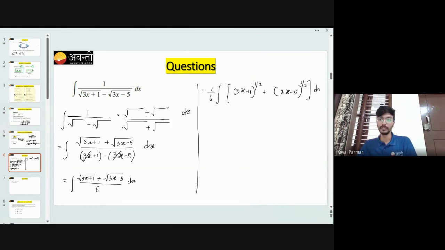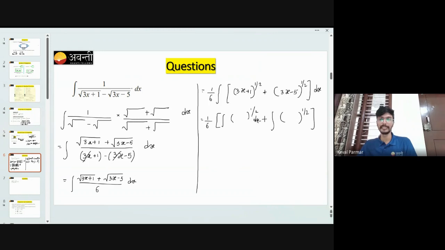Now, according to rule number 2, the plus sign integration will get split. That means I will get 1 upon 6 integration of raised to half plus integration of raised to half.